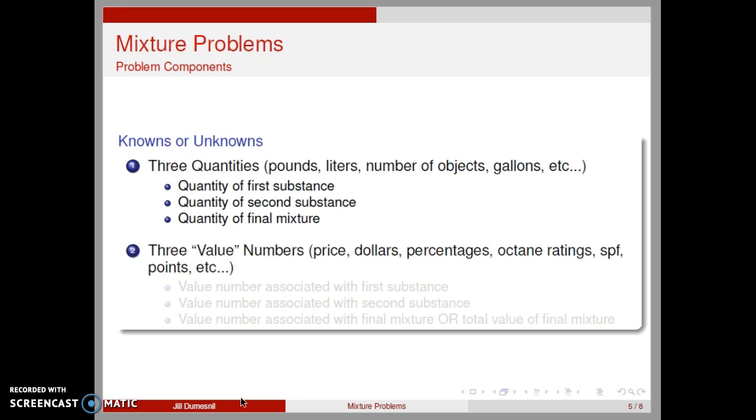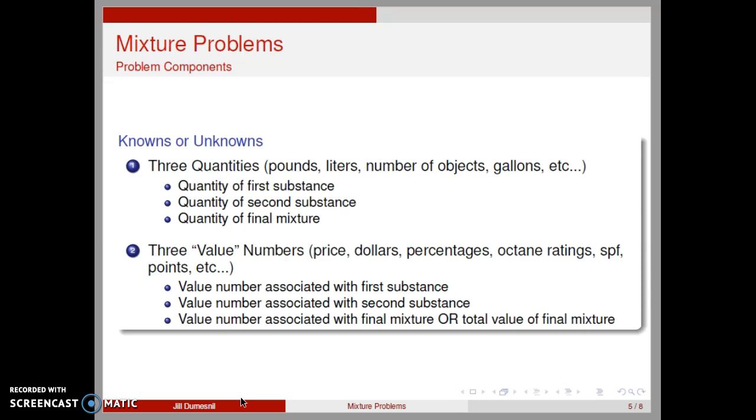Similarly, there are three value numbers. The value numbers may be price or percentages, but they measure the essence of concern in the problem. There is a value number associated with each substance. In the case of the final mixture, there might be an associated number given, for example, the price per pound of the mixture, or a total value of the mixture.